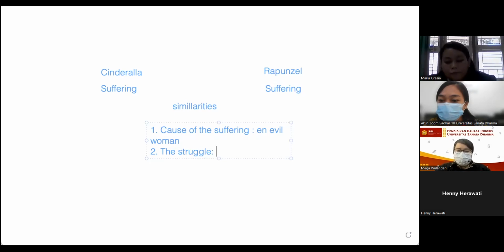To get better, to achieve a better life. Oh, is that a struggle or a purpose? Purpose. Okay, but if the purpose is to get a better life, is it suffering?